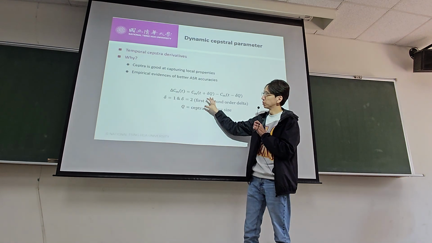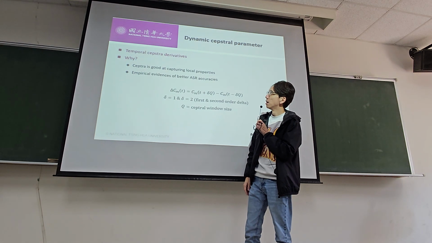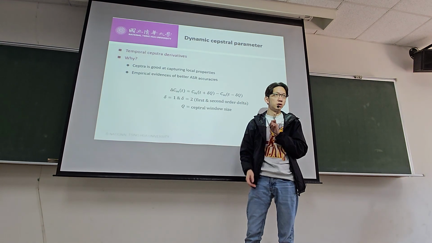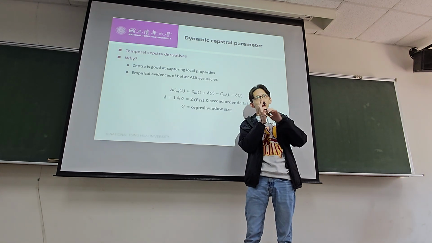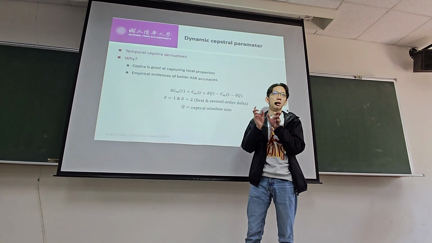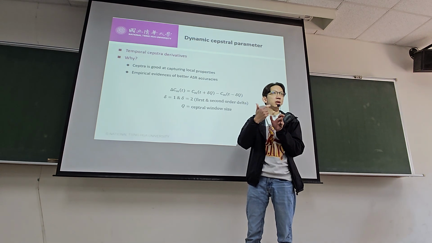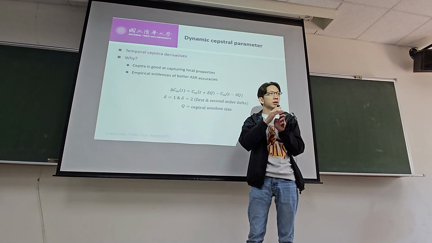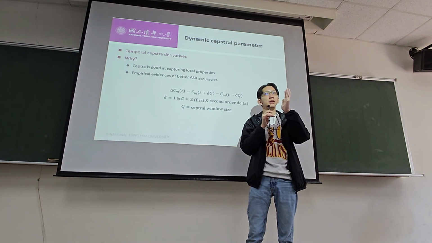Usually what people do is a temporal first order and second order delta, or derivatives. So you look at a window, beginning and end, and see the differences, or we do it twice, to be able to compute what we call the velocity and acceleration of this cepstrum coefficient over time. Then use that as additional features for the current frame.